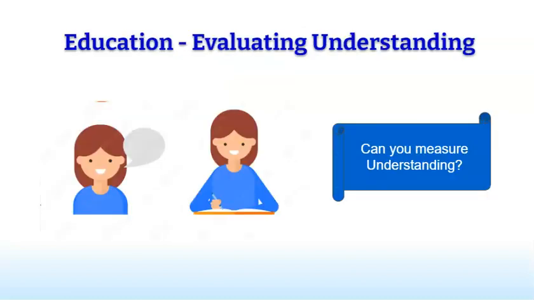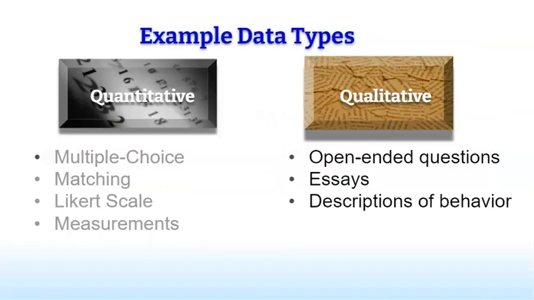But if we want to know about whether someone understands something, we need to listen to them talk or see what they write. We need to hear what they have to say or read what they have to say. Can we exactly measure understanding with numbers? It's kind of hard to do. So that's when we would turn to qualitative research.